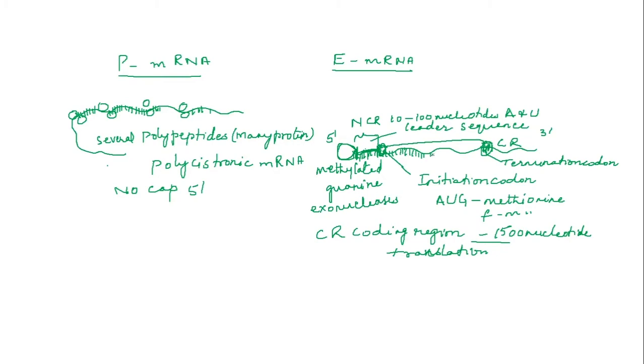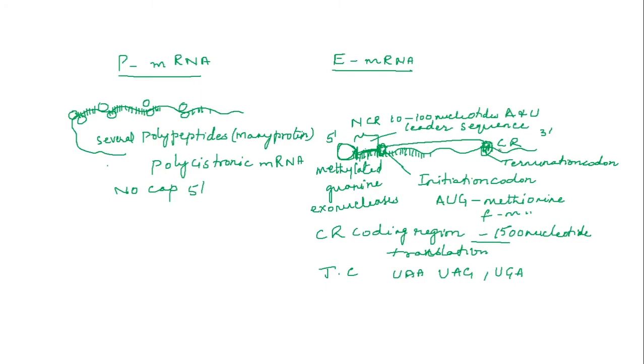When the ribosomes come across this nonsense codon or the termination codon, the protein synthesis is stopped. The termination codons, I'm writing in short, are UAA, UAG and UGA. These three are the termination codons.